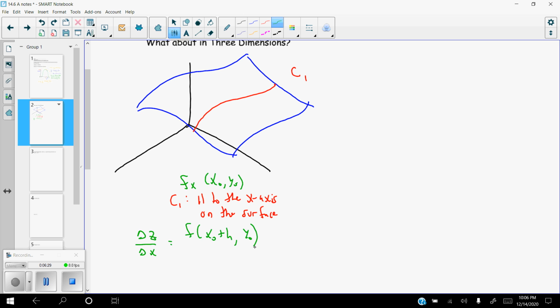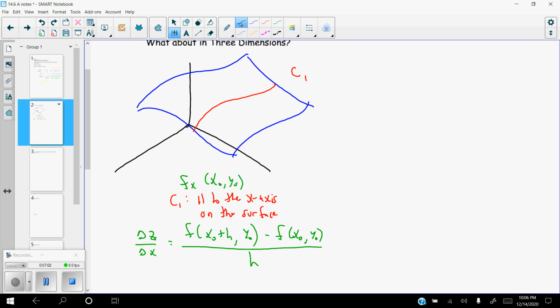Because remember, now we're in 3 dimensions. So this is basically the z value minus f of x sub 0, y sub 0. So what you should notice there is that the y values are not changing, right? Because this is something which is parallel to the x-axis, so the y is staying consistent. The y is constant. The x values are changing by an h value, and then of course we divide that by h. That would be the actual change of z with respect to x.